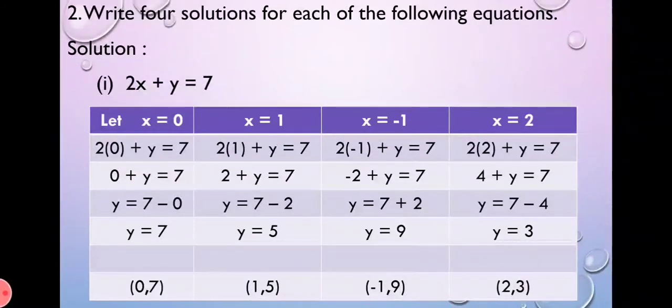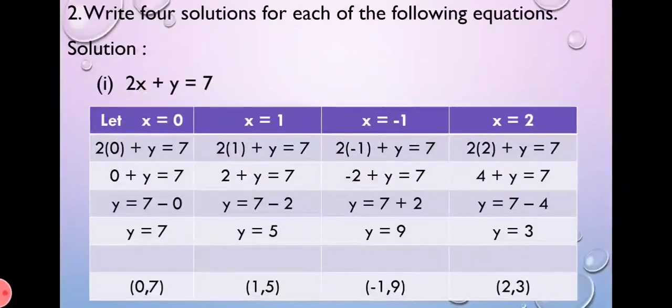Next, we put the value of x equal to 1 in the given equation, so we get 2 into 1 plus y equal to 7. That is 2 plus y equal to 7. That is y equal to 7 minus 2. Therefore, we get y equal to 5. So the second pair is 1 and 5. Next, we put the value of x as minus 1 in the given linear equation.